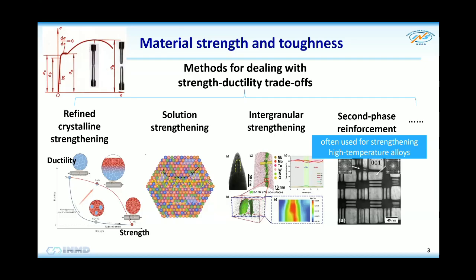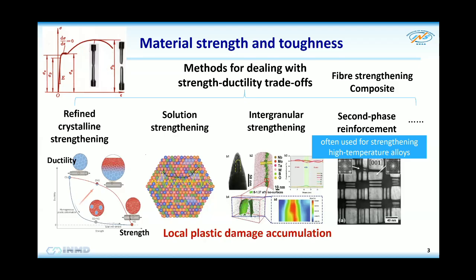All these strengthening methods have made the material have local plastic damage accumulation, even at very low strain, especially under cyclic fatigue loading.